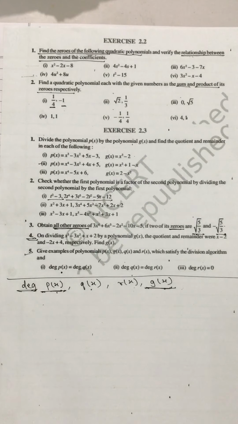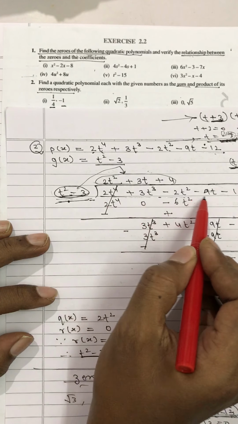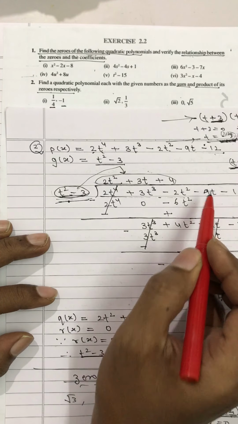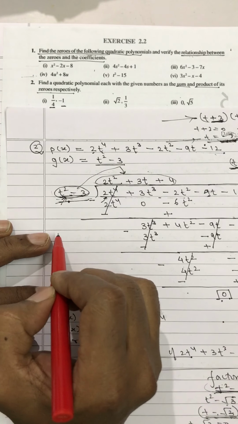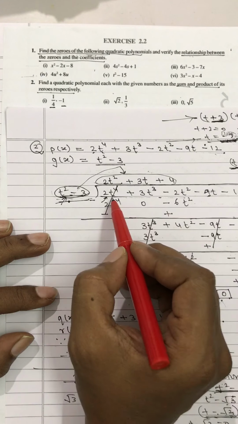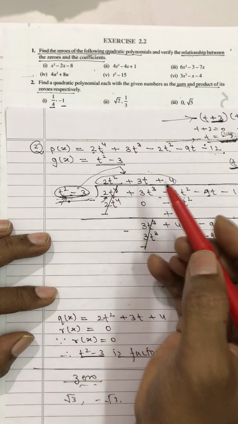See, this is the P of x. When you use this P of x and this G of x, the degree of P of x is what? 4. Right?